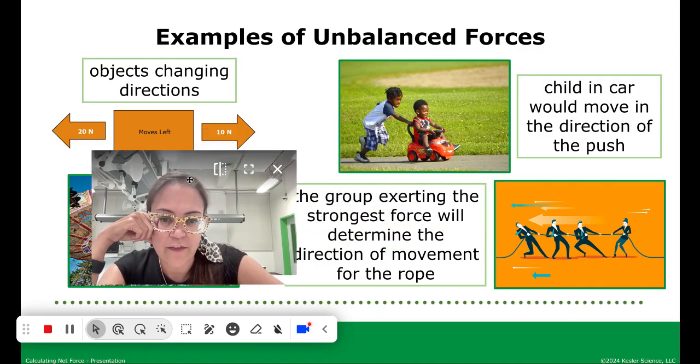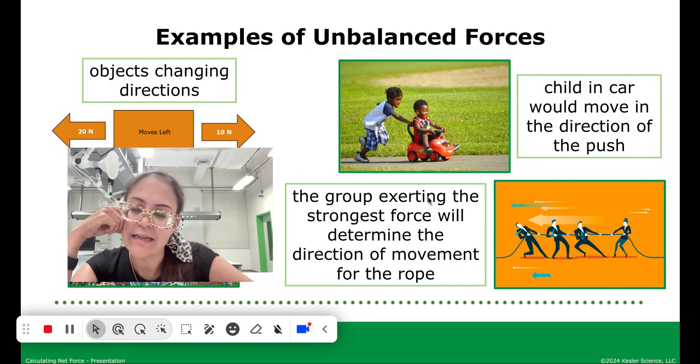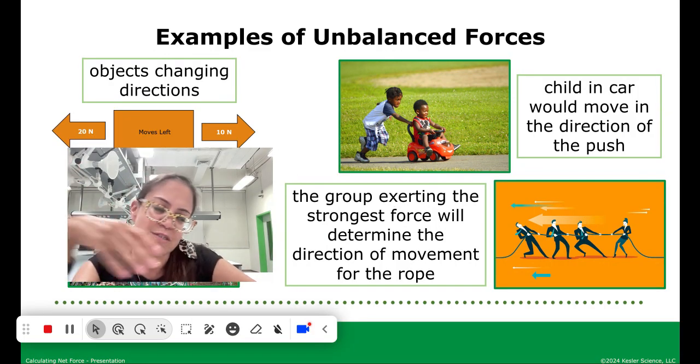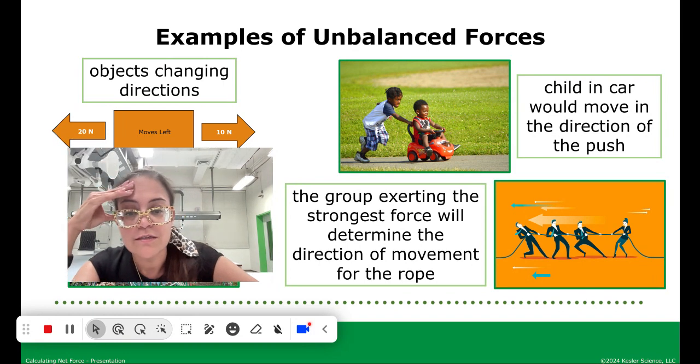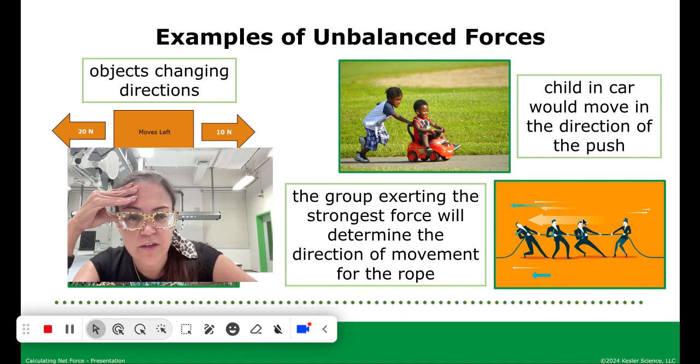And now we have another group playing tug of war. The group exerting, meaning using or doing, the strongest force will determine the direction of motion for the rope. I'm going to guess, it's hard for me to see, there's no numbers on this one. There are 3 people on this side, and they look like they're all pretty strong guys.